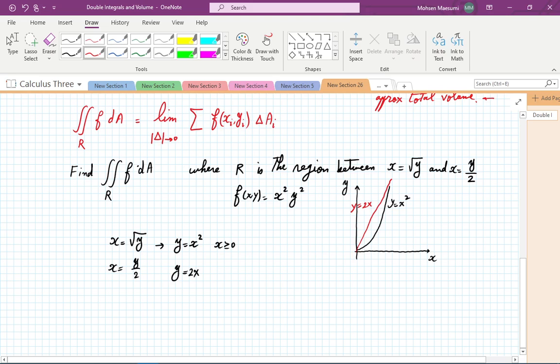So what's the region that is bounded by these two? Well, if we had drawn the whole parabola here and the rest of this line, they are crisscrossing each other. When we are talking about the region, what are we talking about?